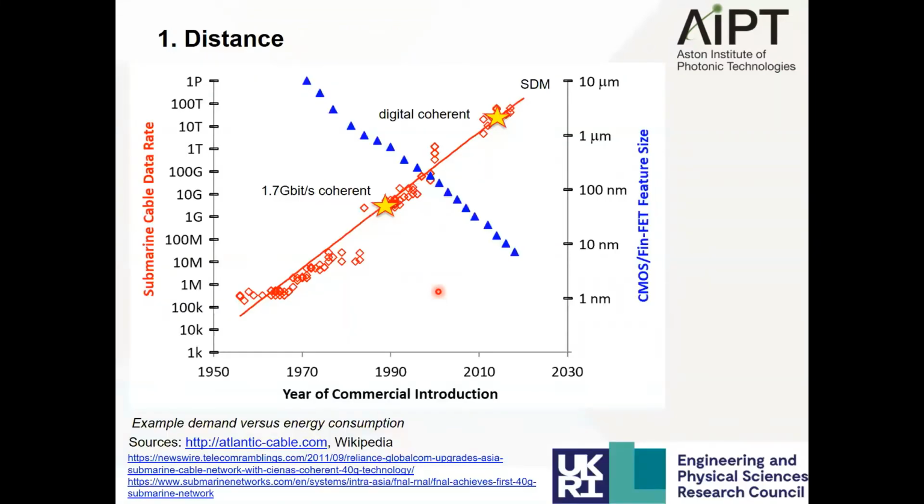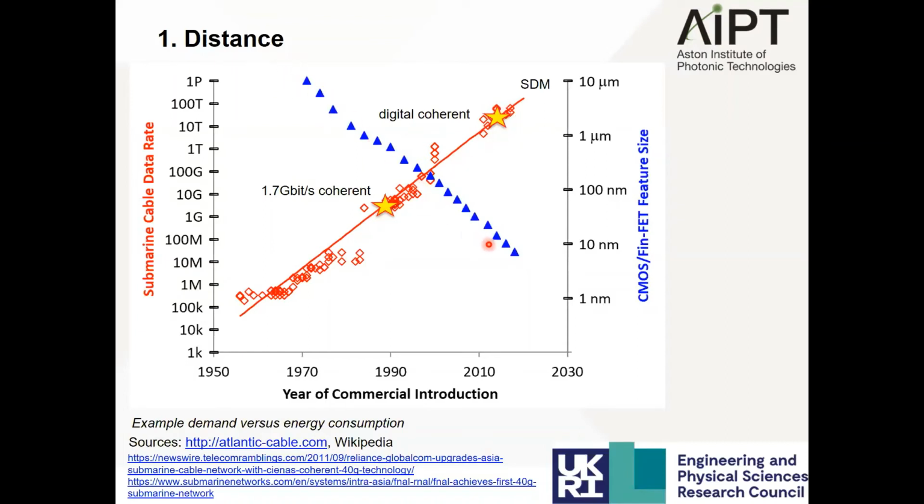So in terms of distance, going back to that Moore's law for communications graph, we have the installed systems coming along, or is that research results? We transitioned from doing things on copper. We went into optical systems. We did have a result on coherent back in the 90s. We're now into digital coherent, and we're starting to move into a space division multiplexing scenario. So these stars sort of say change of technology to optics and then to space division multiplexing.